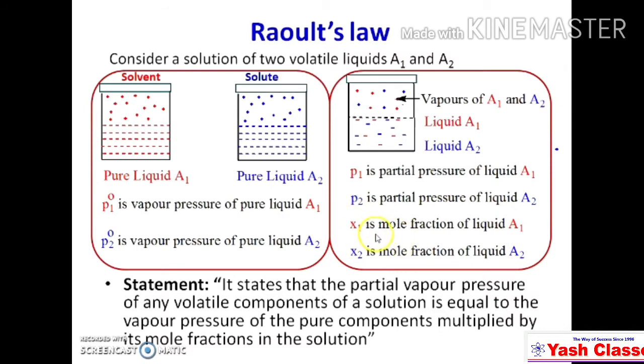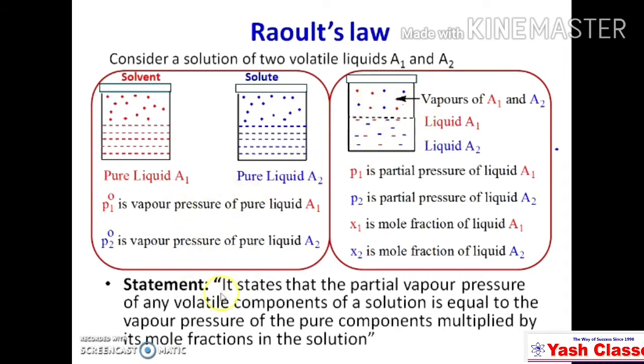Similarly, x2, the mole fraction of A2, is the ratio of the number of moles of A2 to the number of moles of A1 plus A2. In this way, by mixing two volatile liquids A1 and A2, we prepared a binary solution.